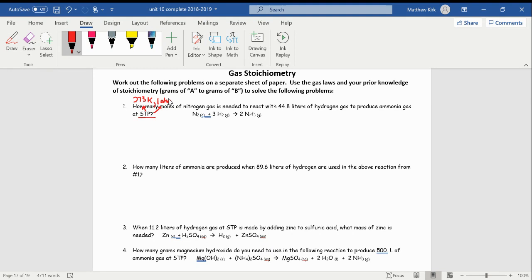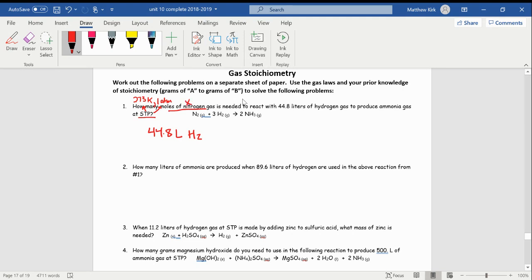So just like any conversion, the first thing we want to do is write the given. We're given 44.8 liters of H2, and we want to change liters of H2 to moles of nitrogen gas. That's our X.